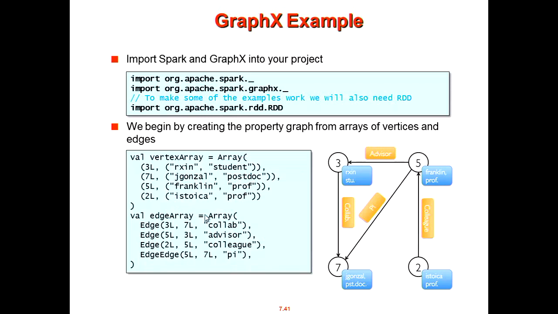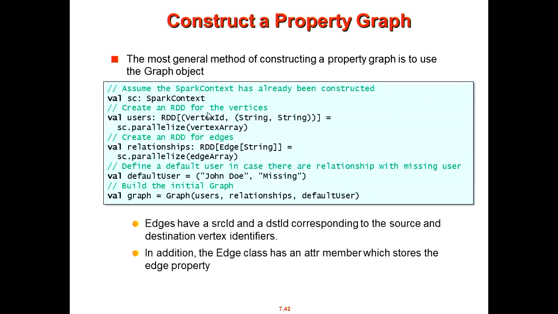And for the edge array, we need to give the source node, the destination node, and the relationship between the 2 nodes, such as collaborator, colleague, advisor. So this is the edge array. Given the vertex array and edge array, now we are able to construct this property graph. We also need to create the Spark context object first.